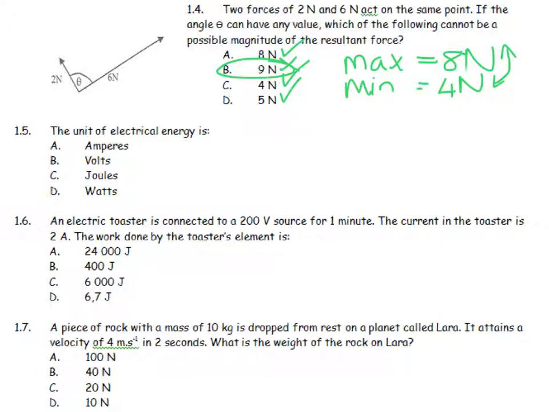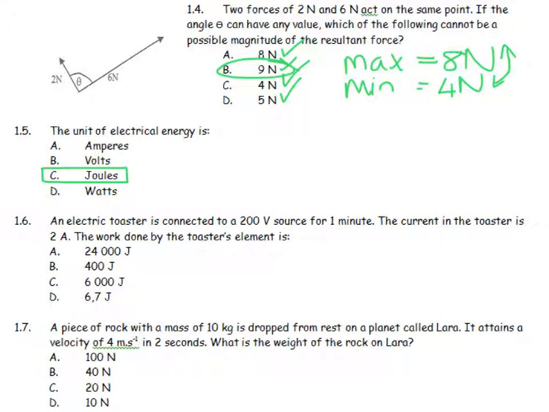The unit for electrical energy, any type of energy, will be measured in joules. It doesn't matter if it's electrical or otherwise. An electric toaster is connected to a 200 volt source for 1 minute. The current in the toaster is 2 amps. The work done by the toaster's element is.